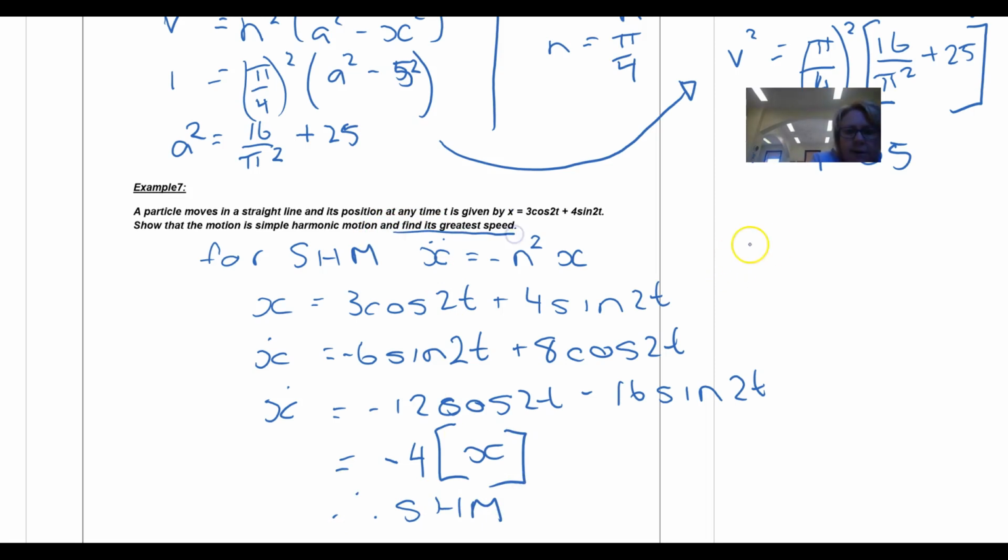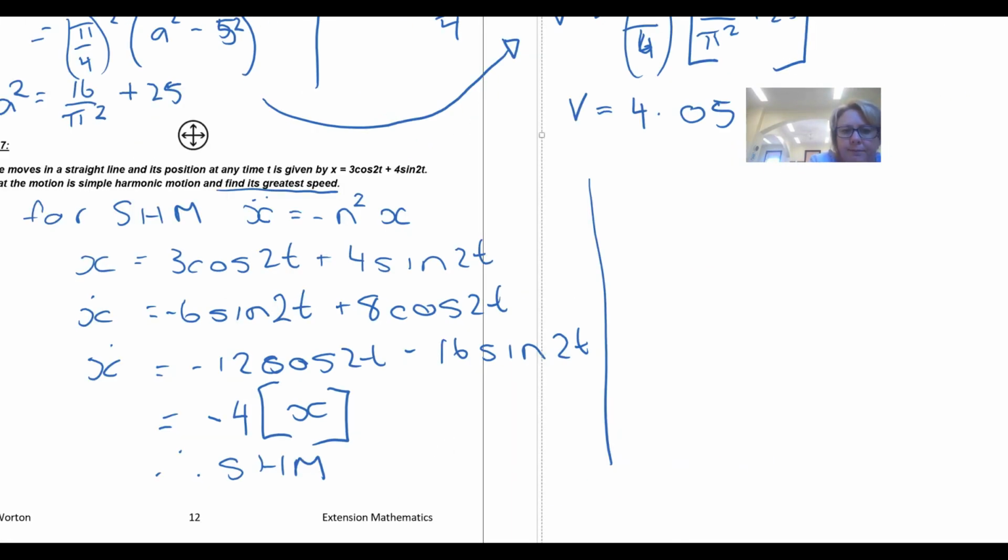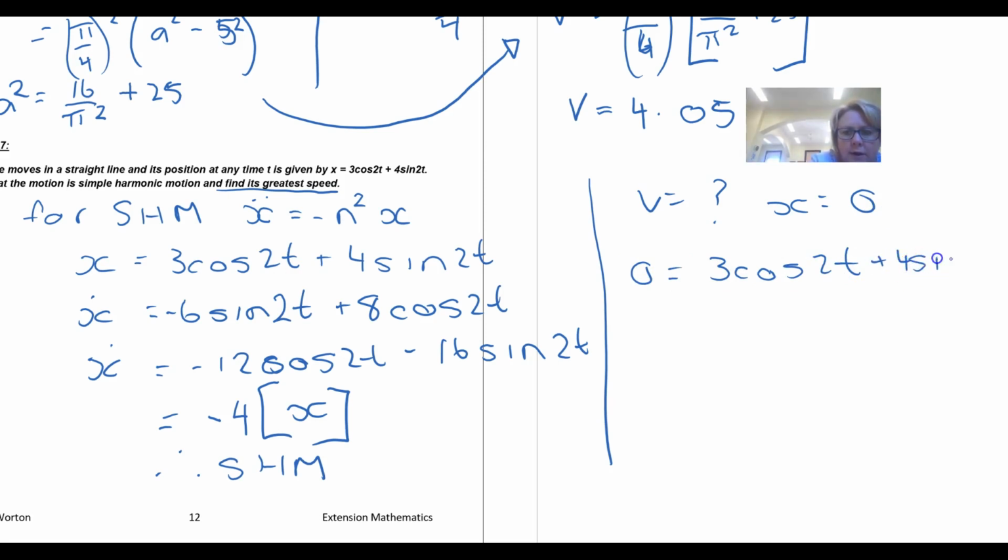And find its greatest speed, running out of room. Find v when x is 0. So 0 is 3 cos 2t plus 4 sine 2t, and if I make them equal to each other, 3 cos 2t equals minus 4 sine 2t, divide by cos to get tan.